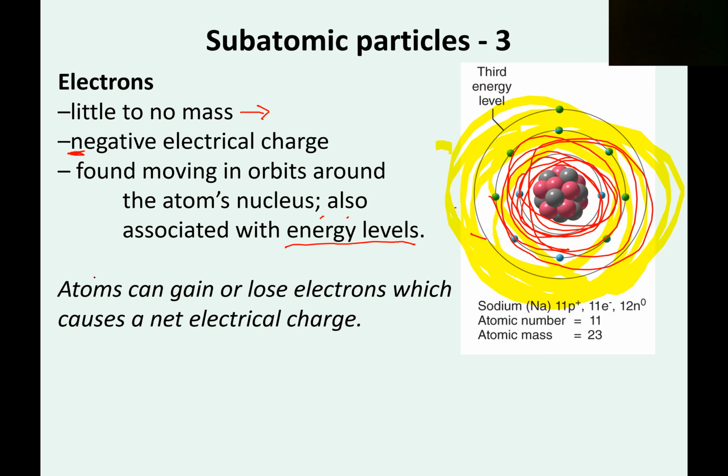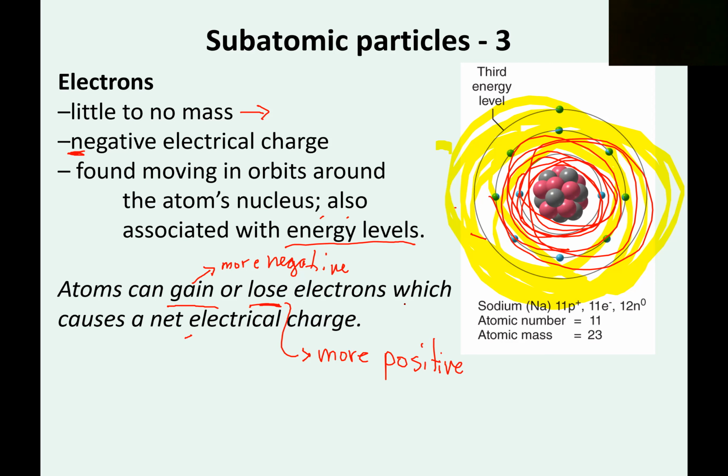However, keep in mind that when they gain electrons, they're going to become more negative. When they lose electrons, they're going to become more positive because they take that electrical charge with them.